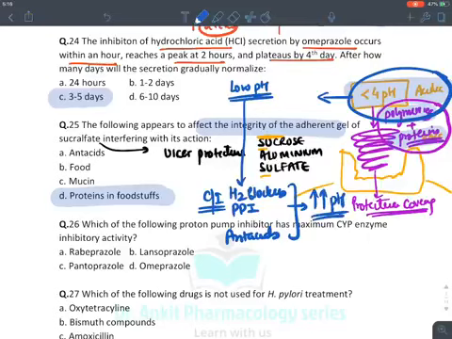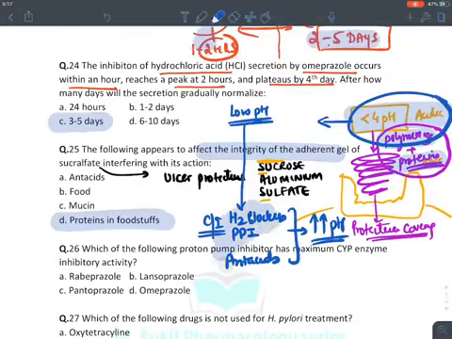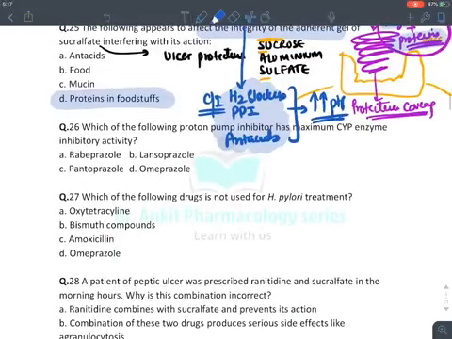H2 blockers and PPIs reduce the production of HCl, which is acidic. Antacids will directly increase the pH. So, sucralfate should not be combined with H2 blockers, PPIs and antacids. Otherwise, it will not polymerize. It requires acidic pH for its action. Okay. So, remember this part. Let's move forward now.